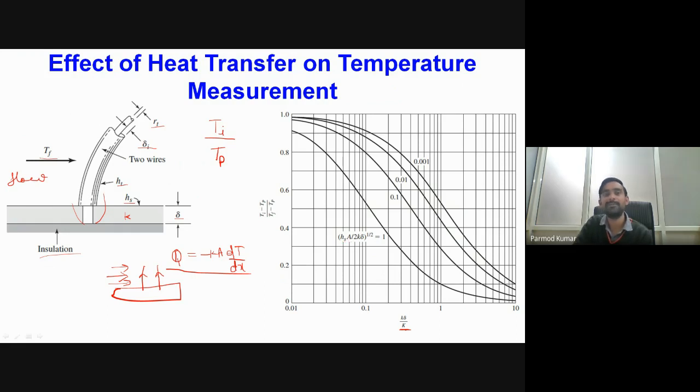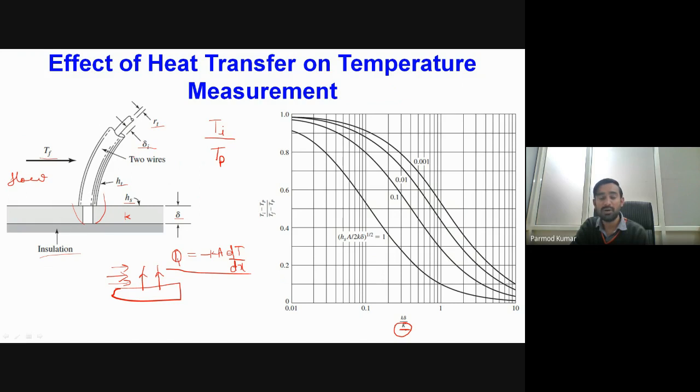In this particular capital K, we have included the effect of axial conduction which is happening in these thermocouple wires, and we have included the effect of radial heat transfer. Radial heat transfer includes the radial conduction within the thermocouple insulation plus the convection from the surface of the thermocouple.